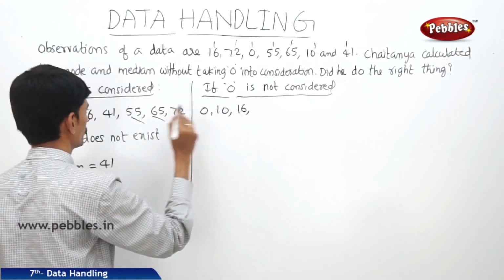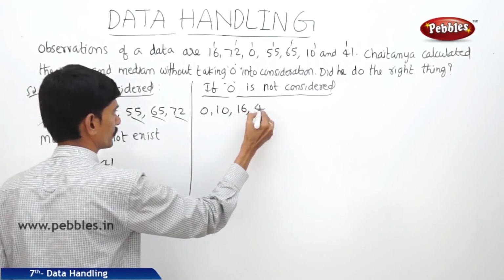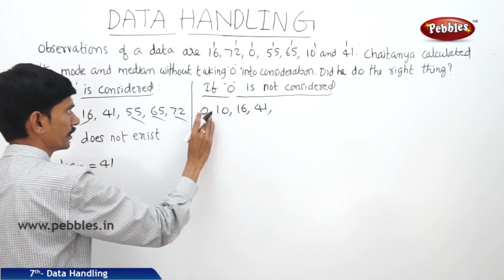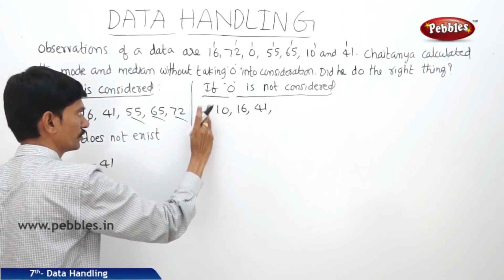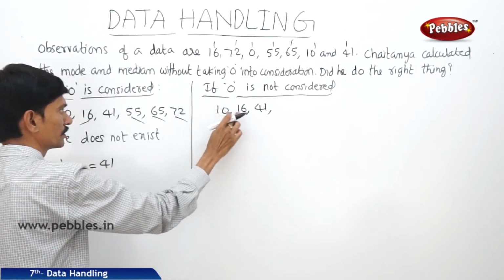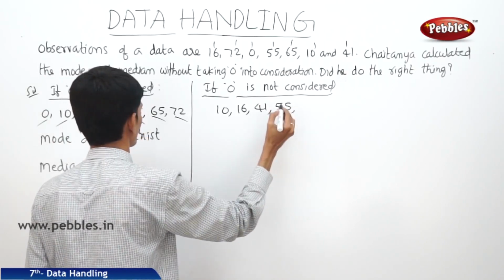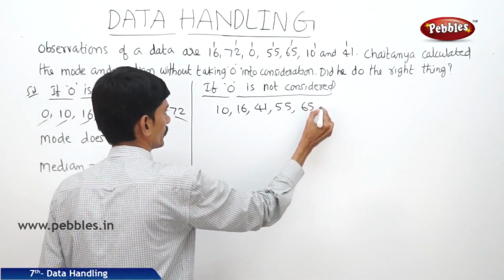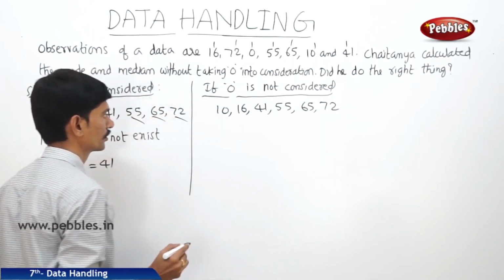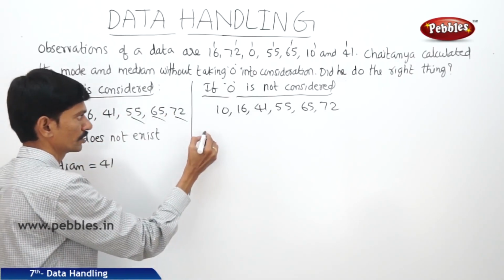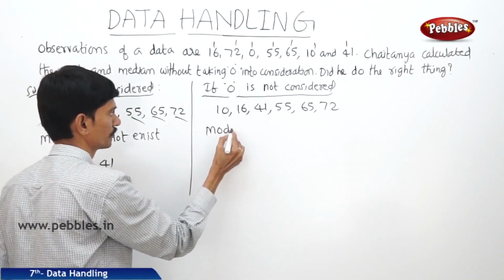So when 0 is not considered, we do not write 0. So then we write only 10, 16, 41, 55, 65, 72. Now here also mode does not exist.